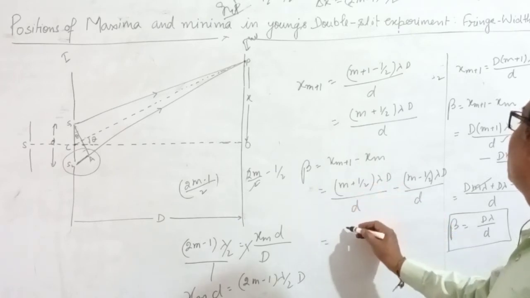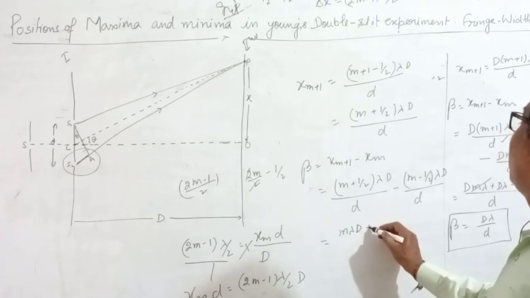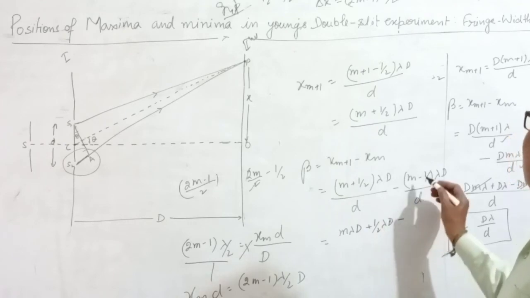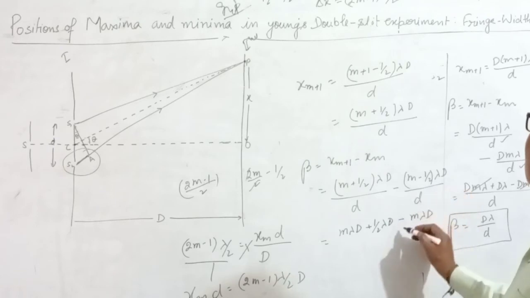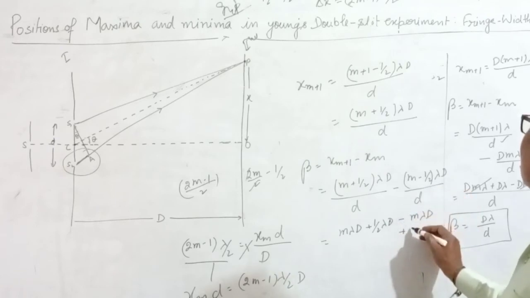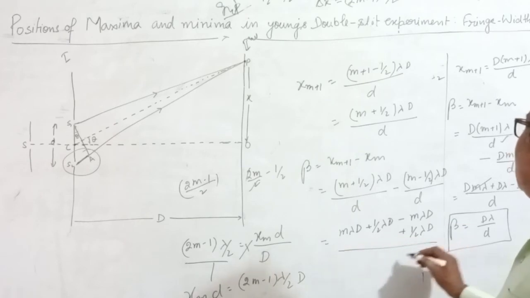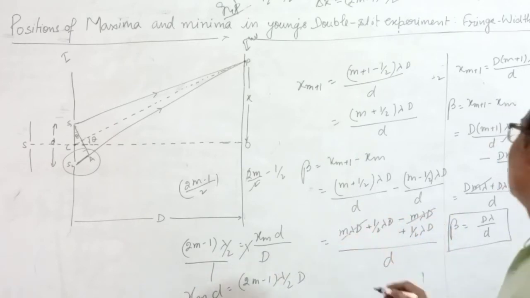You can open it: m lambda D plus half lambda D minus m lambda D upon d. m lambda D cancels.